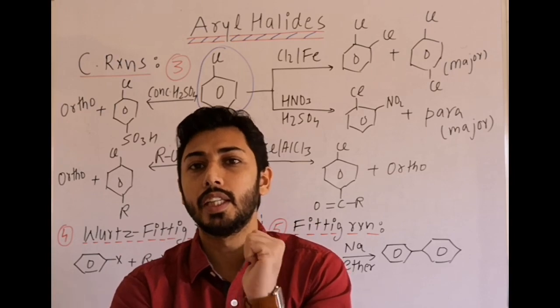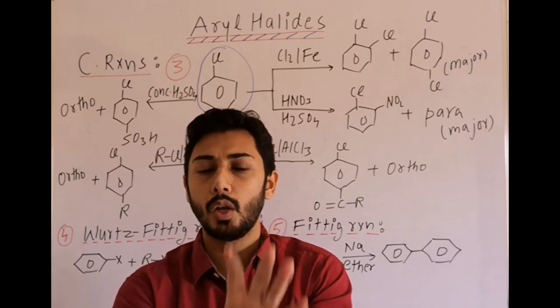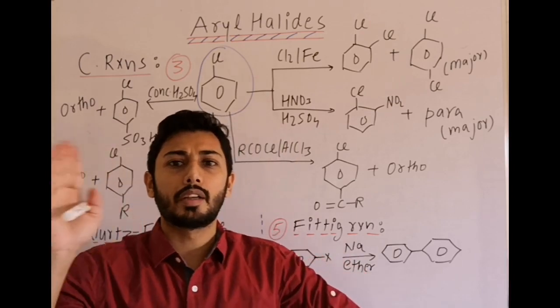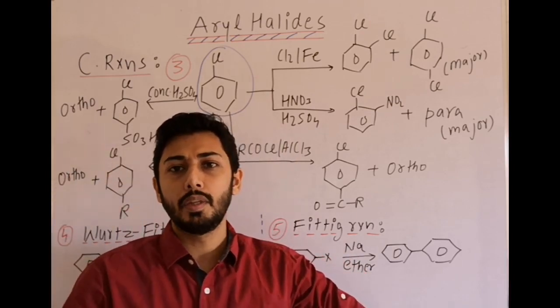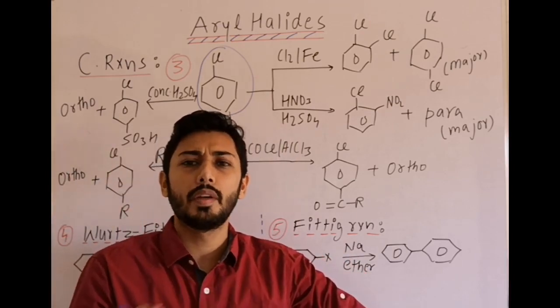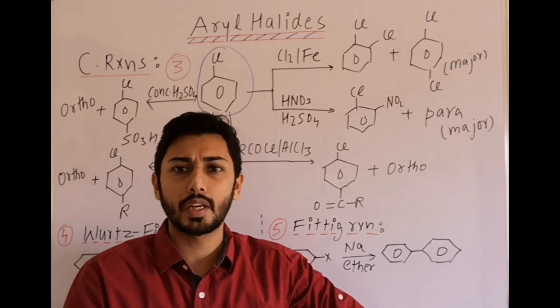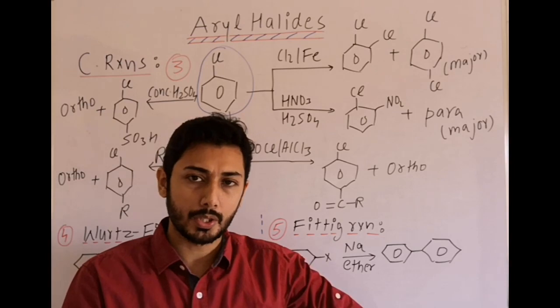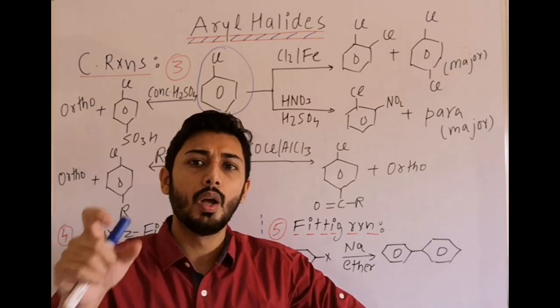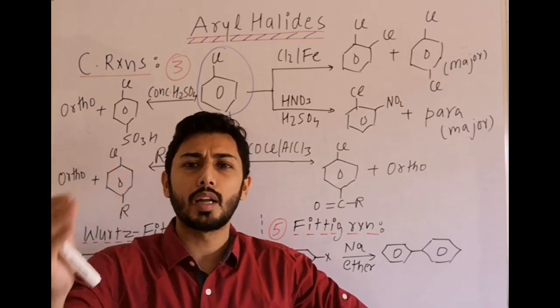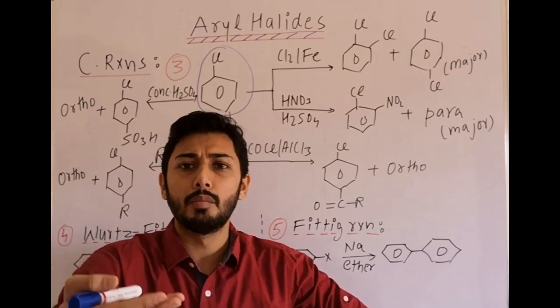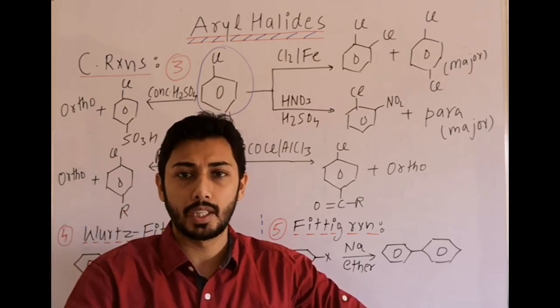Now here in this case, when we are talking about halobenzene, then this is less reactive as compared to benzene. That means chlorobenzene or halobenzene or aryl halides are less reactive towards electrophilic aromatic substitution reaction as compared to benzene. Why? Because halo groups are more withdrawing as compared to their plus M effect, and more withdrawing means deactivating group.